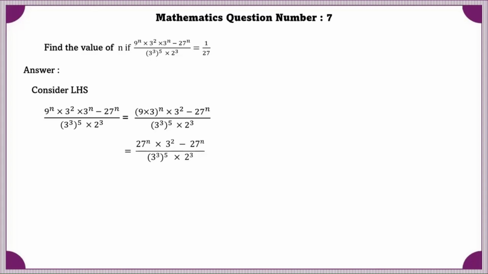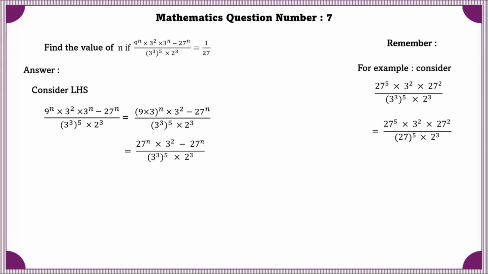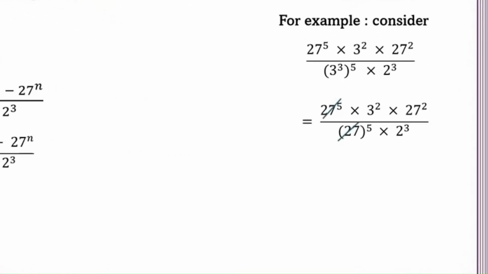Notice that 27 to the power n appears in both the terms of the numerator. However, we cannot cancel it directly because the terms are connected by a subtraction, not a multiplication. Remember, you can only cancel terms that are being multiplied, not the numbers that are being added or subtracted.